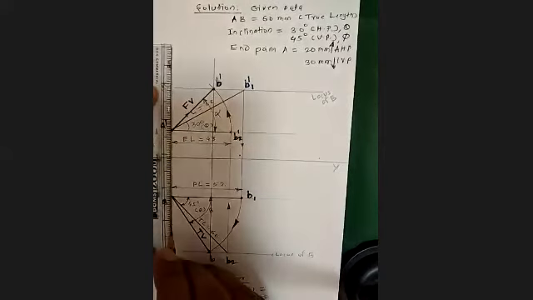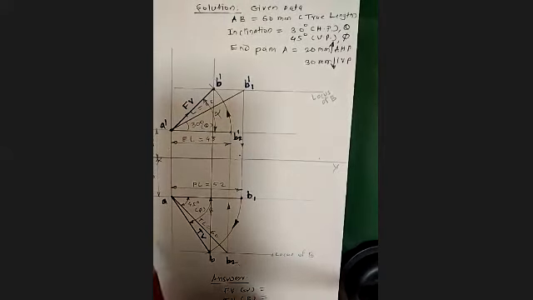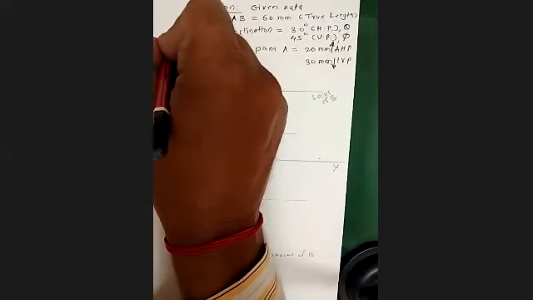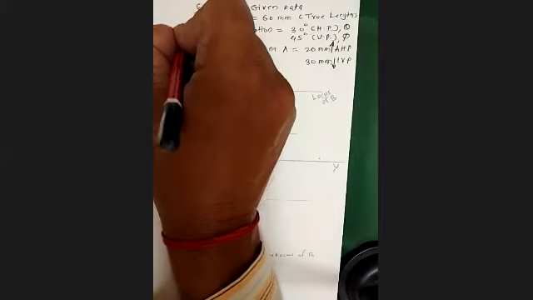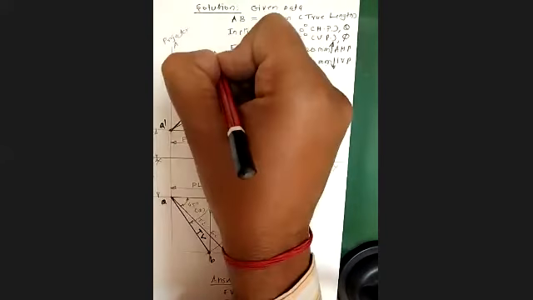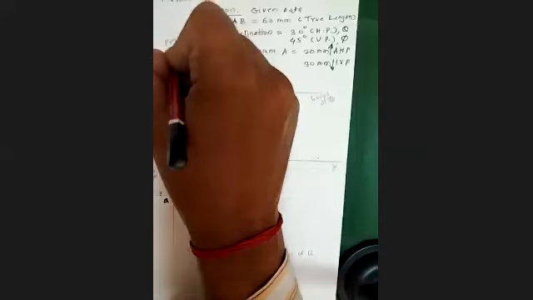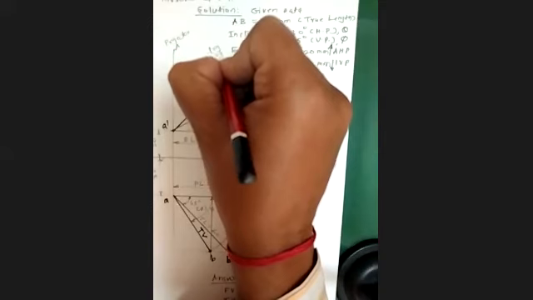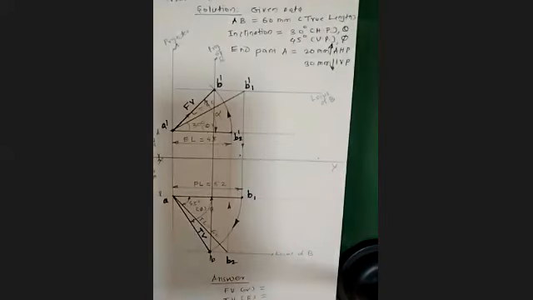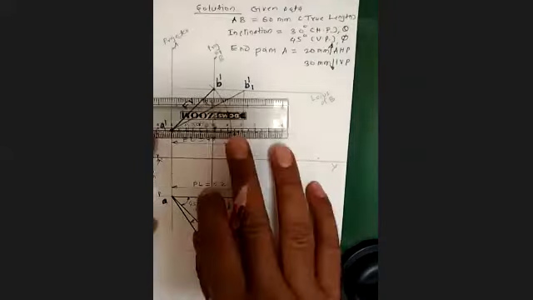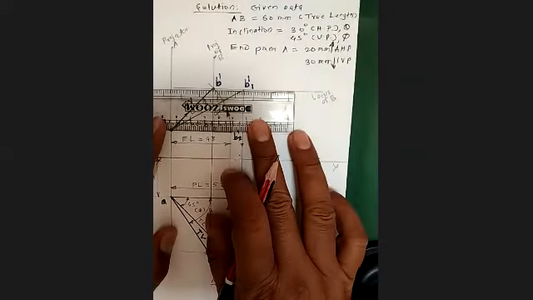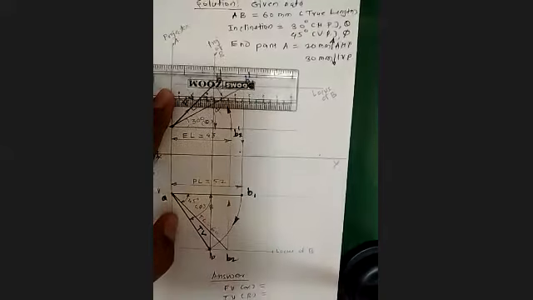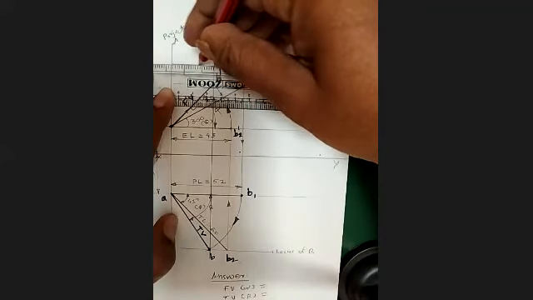The distance between the projectors, this is nothing but the projector for A, and this is nothing but the projector of B. Projector of A and projector of B, and the distance between these two projectors is called the end projector distance.